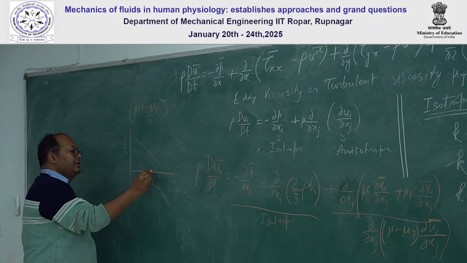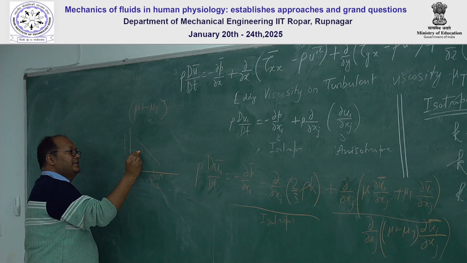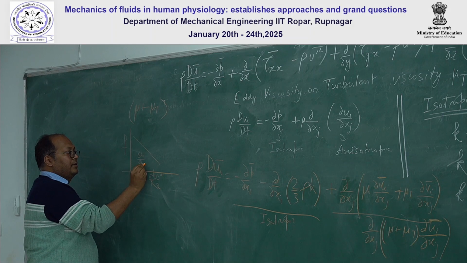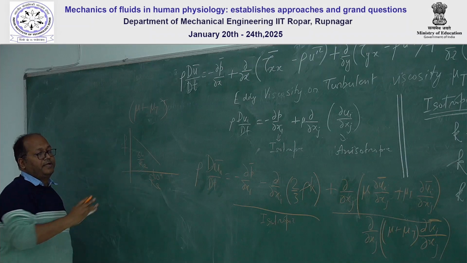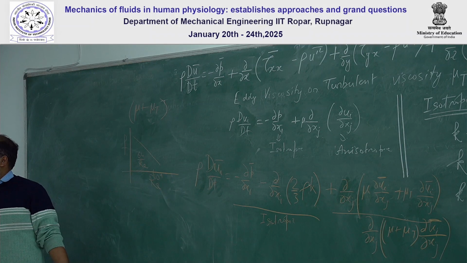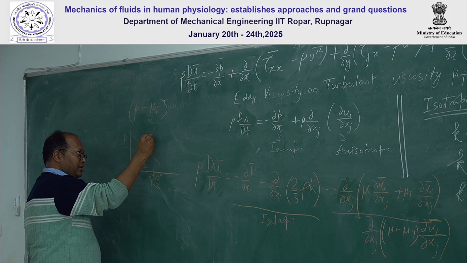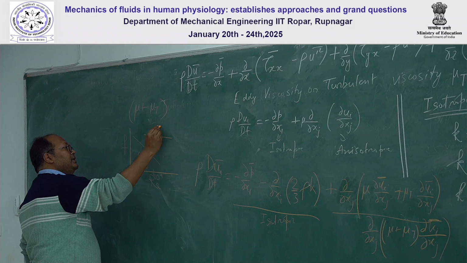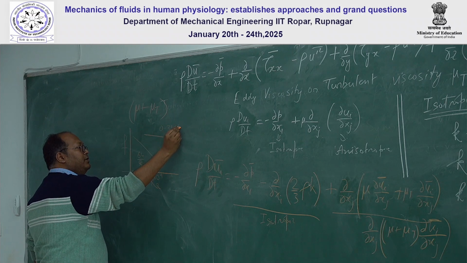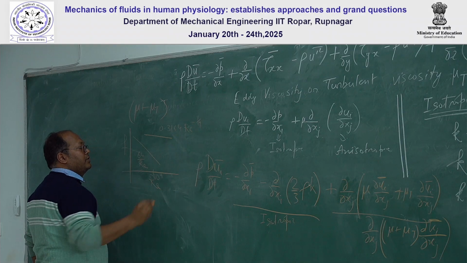So let's say we are measuring at Re of 10,000 here. This is 64 by Re. Let's say it is a very advanced kind of inlet condition, so that we cut down the disturbances and keep the transition as high as possible. We know for the turbulent cases it is 0.3164 Re to the power minus 1/4.